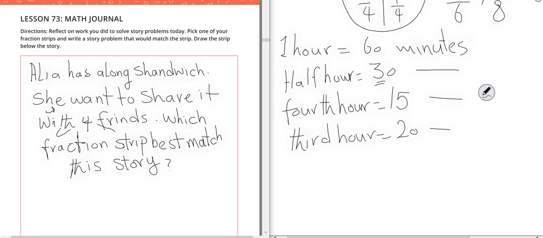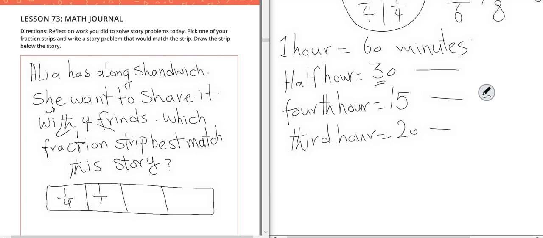Draw the strip below the story. Okay, we will choose this fraction strip. One strip divided into 4 equal parts. 1, 2, 3, 4. In one whole, we have 4/4.